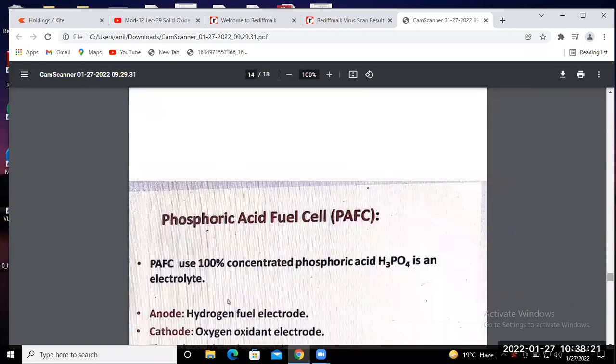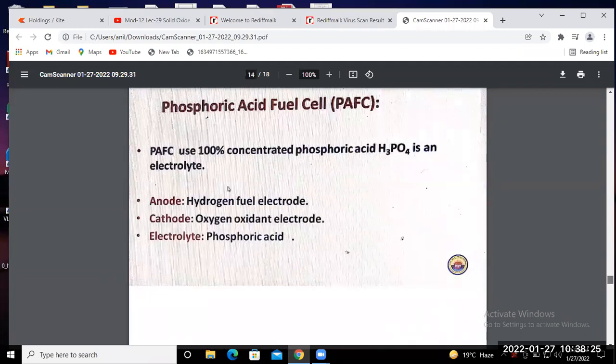So the next one is the phosphoric acid fuel cell. In this type of fuel cell, 100% concentrated phosphoric acid, represented by H3PO4, is the electrolyte. So you have to be concerned about the type of electrolyte used in a specific fuel cell.